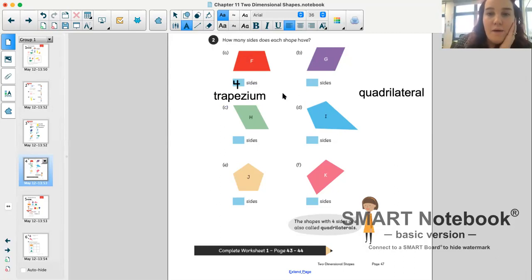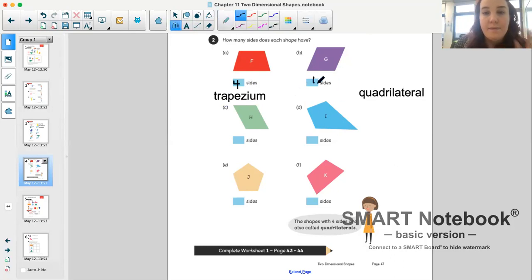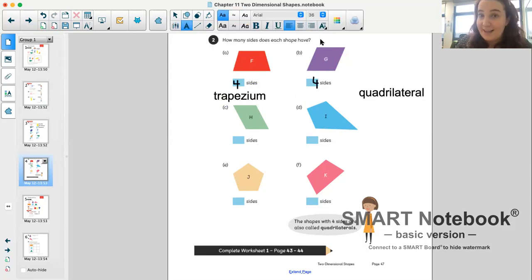Okay, this one here, again, it has 4 sides. Now let's check my spelling of this. It's called a parallelogram. Parallelogram. That's a very long word. But like I said, you can just say quadrilateral and you're fine.